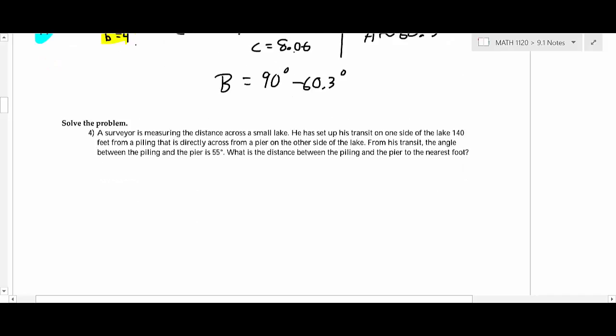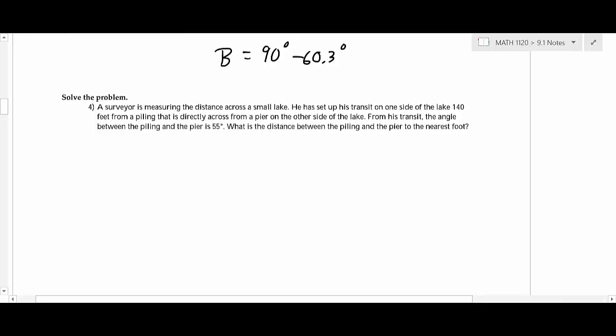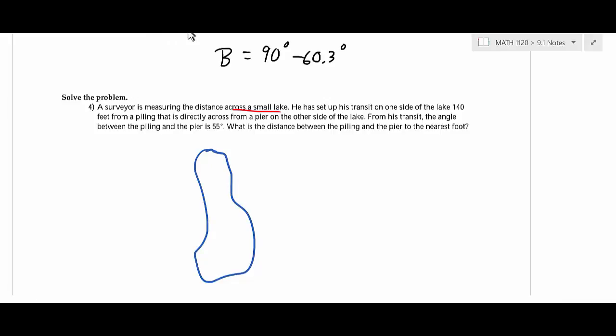Now, sometimes the hardest part of these problems is figuring out where everything goes. So let me make sure we got that down. What we're doing is we're measuring a distance across a lake. All right, so there's my lake. We're going to measure a distance across. We got to have a right triangle going on here somewhere.